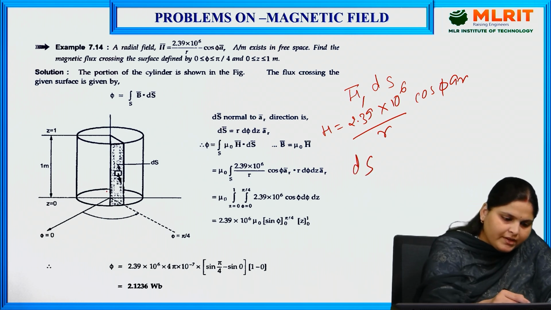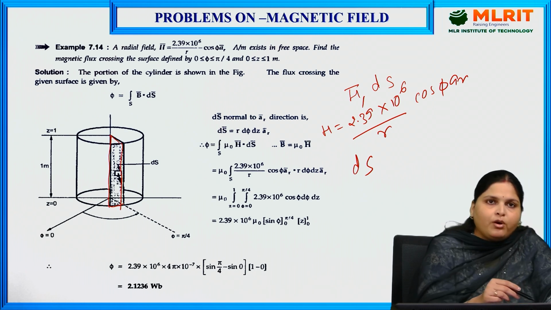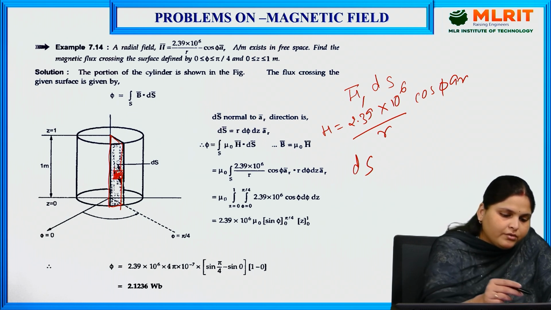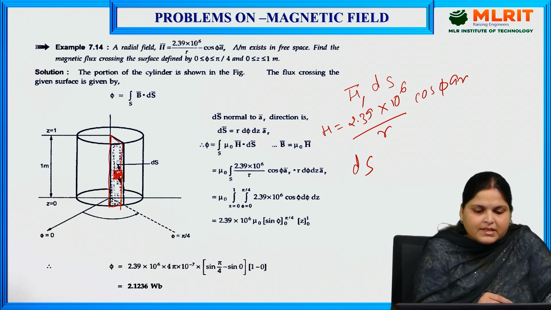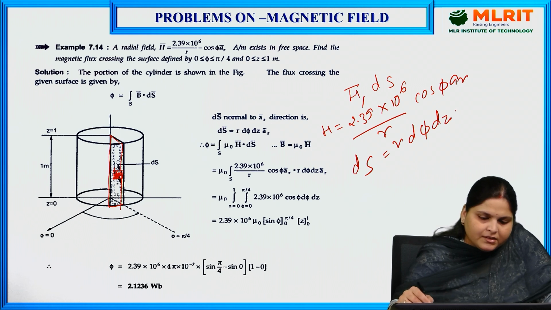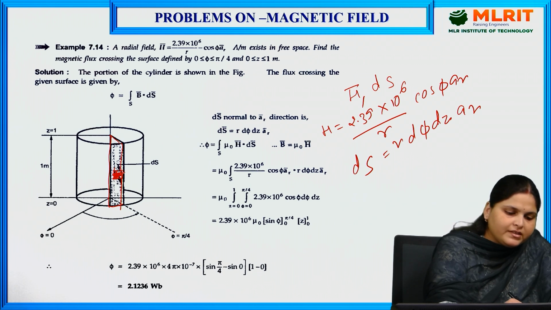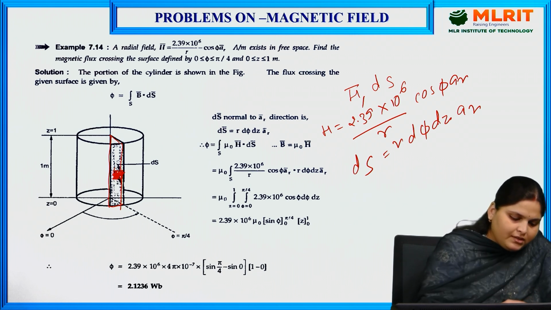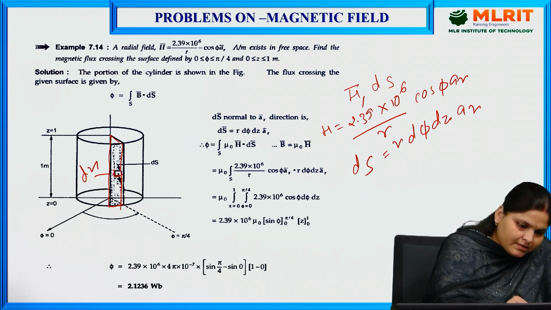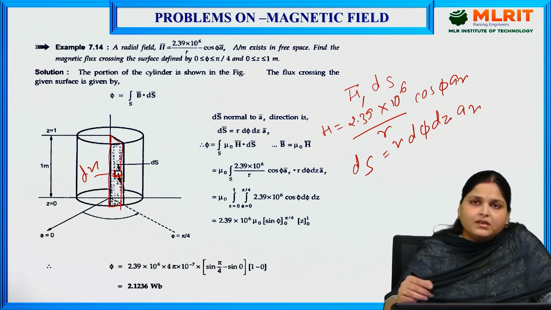For ds in this system, we will consider a small element on this particular cylinder, and one small area on this surface, and this area can be written as r d phi dz. The direction will be a_r, radially outward. So we are considering this surface where this side is dz, and this is the arc, and we know the formula between arc and angle.